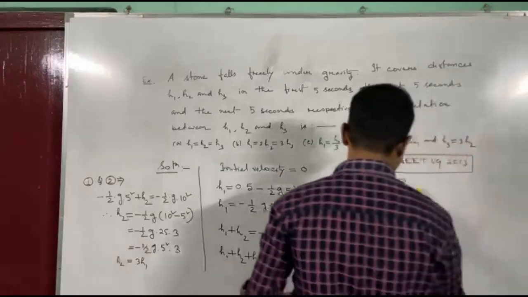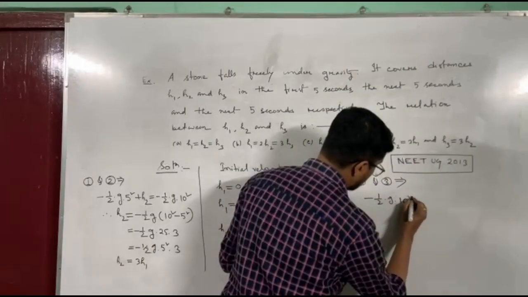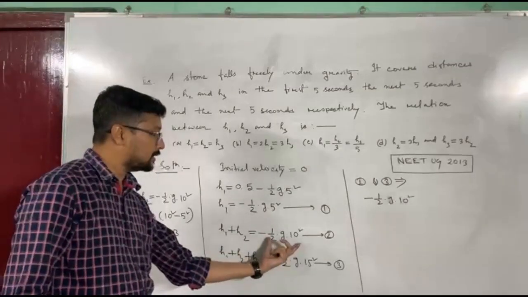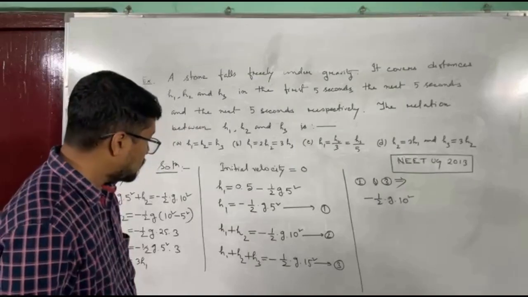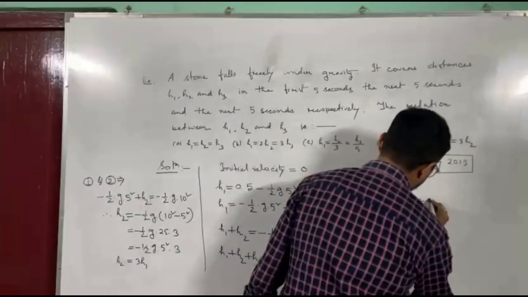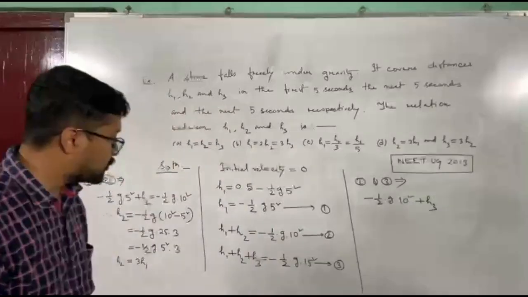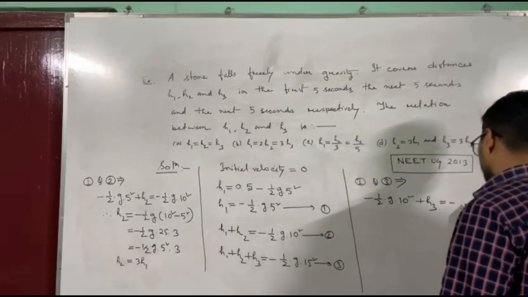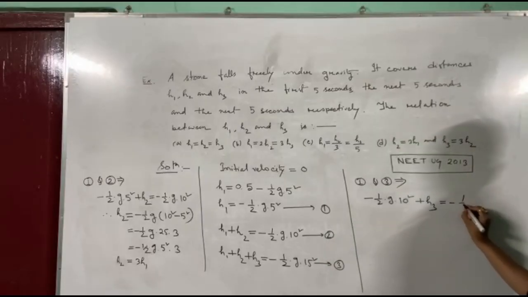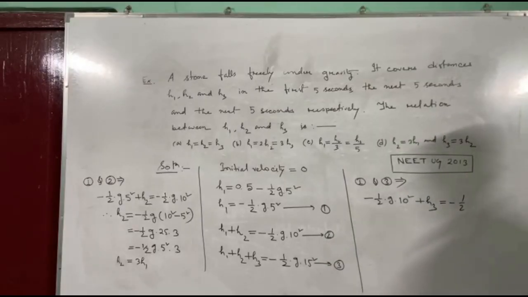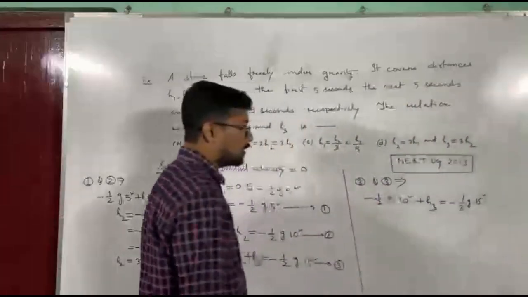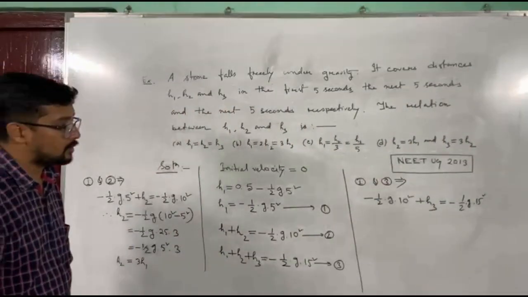Let us first write 10 square, because h1 plus h2 again minus half g 10 square plus h3 is equal to minus half g 15 square.